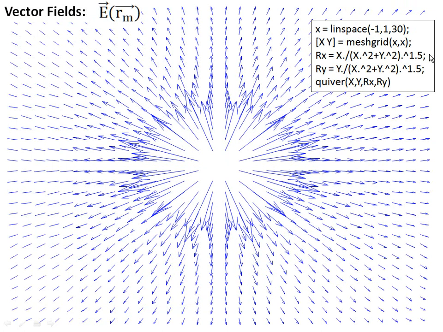If you go into MATLAB, the computer program I prefer to use, you can actually get MATLAB to calculate vector fields for you and plot what it really looks like, where the longer the vector, the larger the electric field, and I've given you the code I used in MATLAB. It's only 5 lines long to do this, but this is what happens when you have a computer plot that vector field out for you, because doing this by hand and calculating at a lot of points would be very, very tedious.